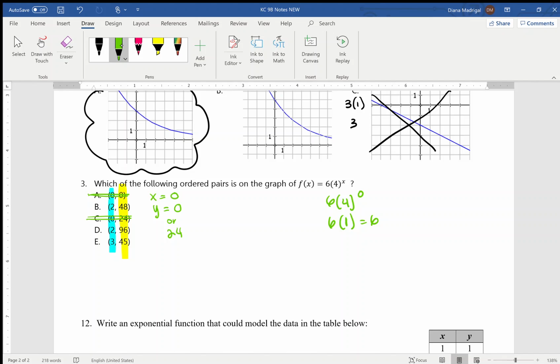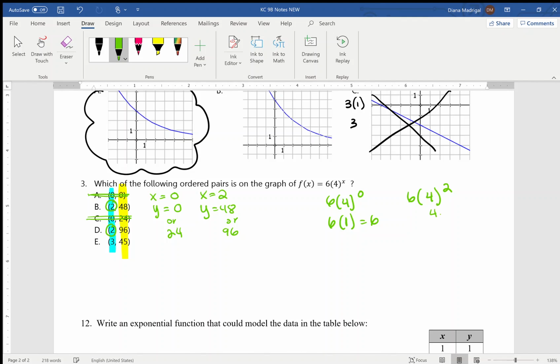So A is not part of it, C is not part of it. Next, I have x equals 2, but I also have another option where x equals 2. My answers could be y equals 48 or 96. Let's try it over here. 6 times 4 to the power of 2. Again, the power means that you multiply the base, 4, by itself 2 times.